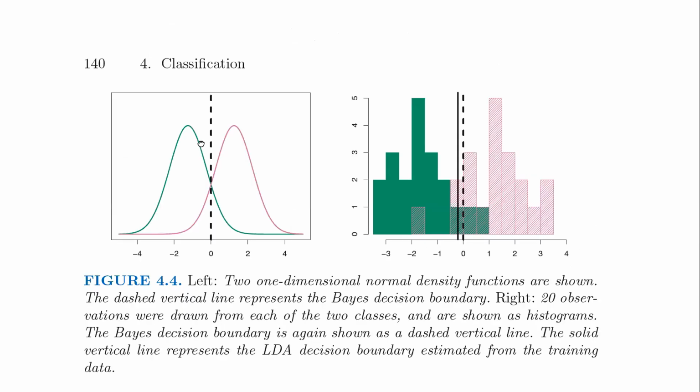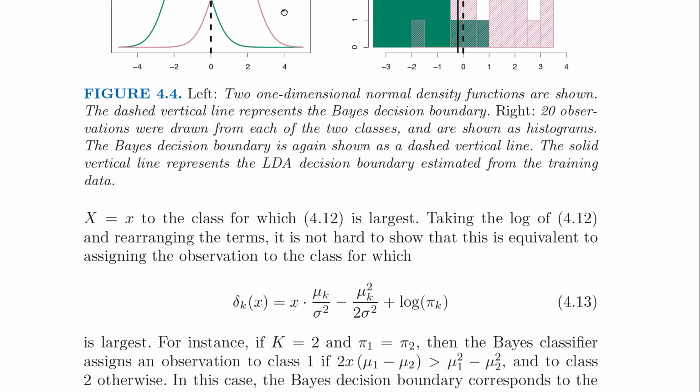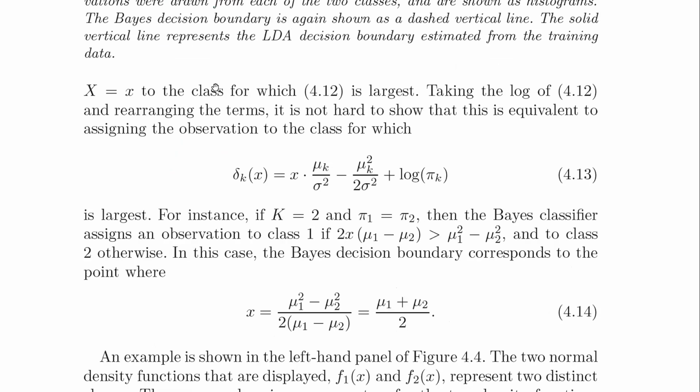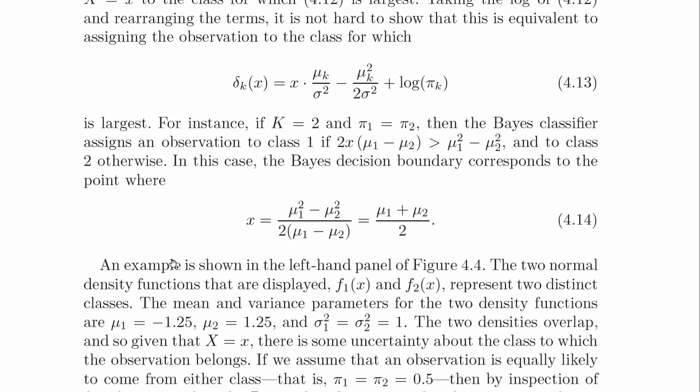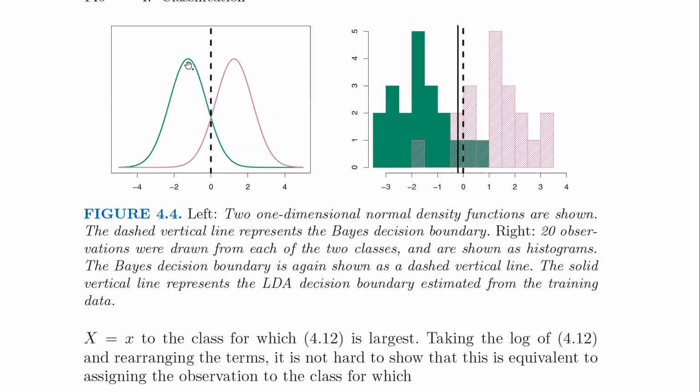What we took yesterday as an example, we used male and female for. Two classes. The mean and variance parameters for the two density functions are mu1 is negative 1.25 and mu2 is 1.25. Actually, it might be right because -1 is where I'm placing my cursor.